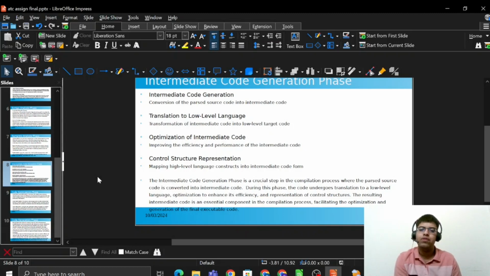It improves the efficiency and performance of the intermediate code, and mapping high level language constructs and control structure representations is used in mapping high level language constructs into intermediate code form. This is a crucial step of the compilation process as the parsed code is converted into intermediate code. During this phase, the code undergoes translation into a low level language. The resulting intermediate code is an essential component in the compilation process.